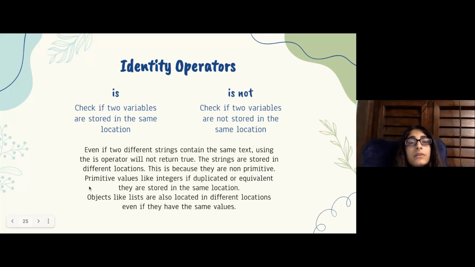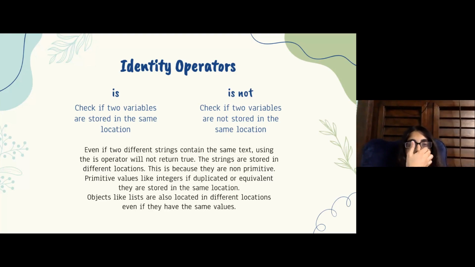Primitive values, however, like integers, if duplicated, let's say I have num1 equals 5 and num2 equals 5, they both contain the same value, but they're also stored in the same location in memory. Then there's also objects like lists. Any objects, you can assume that they're stored in different locations, even if they have the same value, because they are different objects.